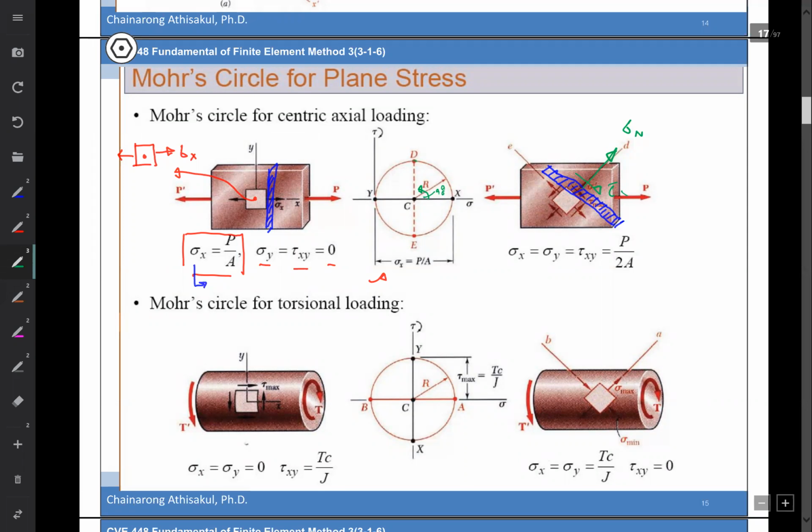If we rotate to this point, that is 90 degrees in the Mohr circle and 45 degrees in the real plane, we found that the normal stress and shear stress are equivalent, and equal to P over 2A. That is the point where the maximum shear stress occurs.